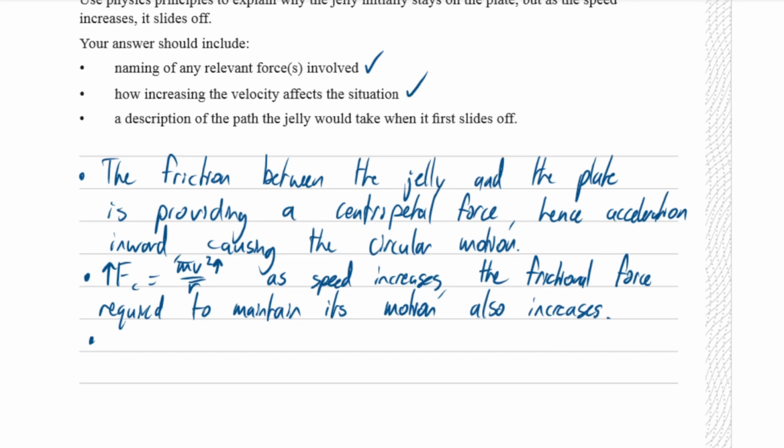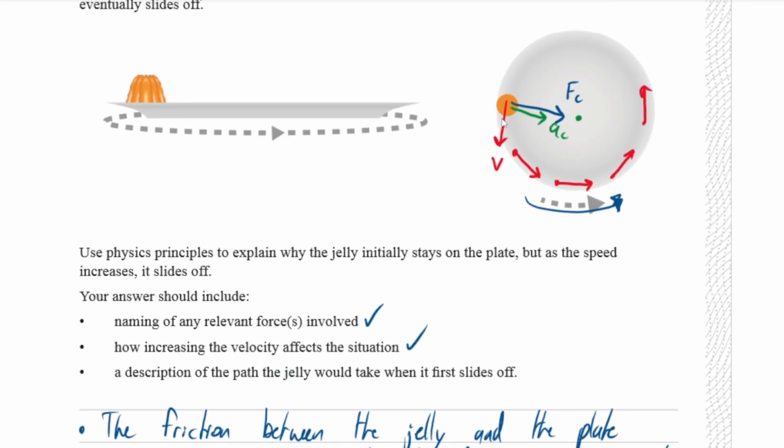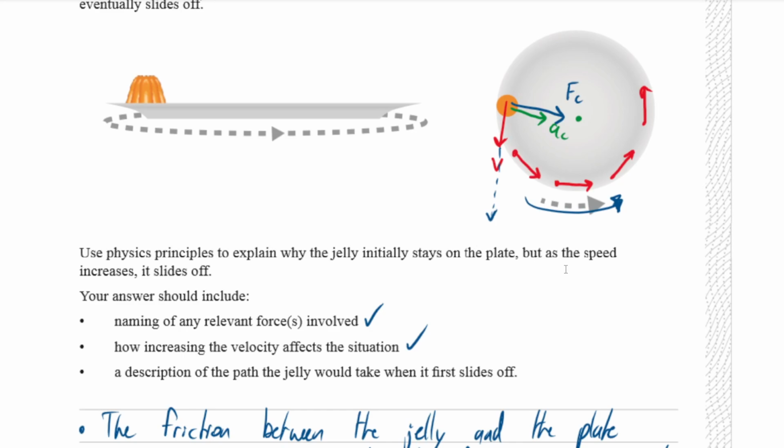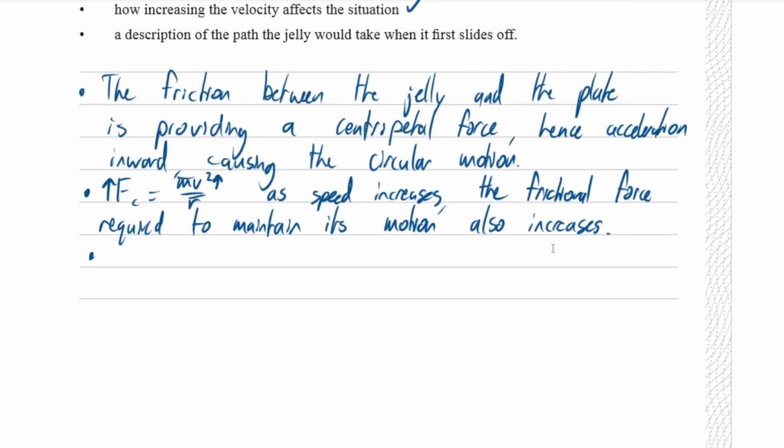And finally describing its motion after it first slides off. Back to our diagram, if we removed Fc and Ac, its velocity is tangential to the circular path, and its motion would actually follow that tangential path until it's decelerated due to the friction of the floor, or it hits a wall or something.